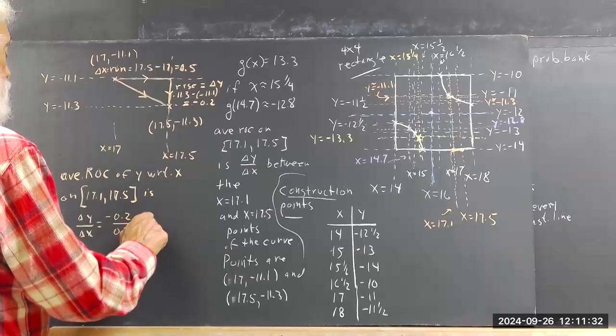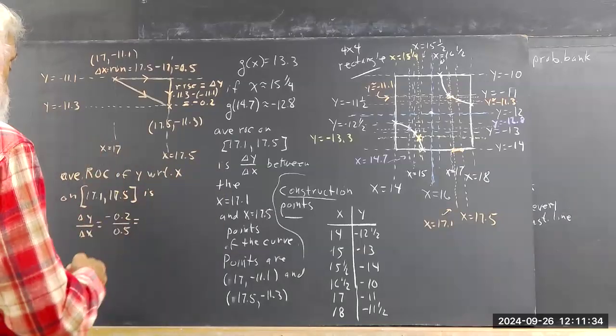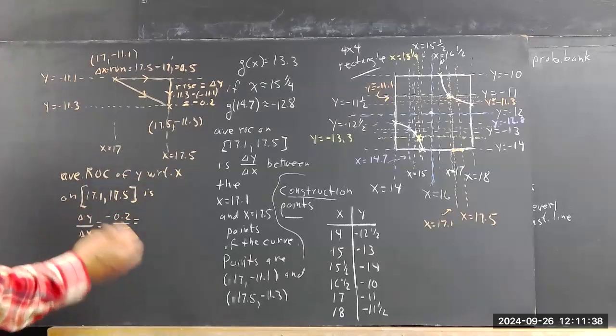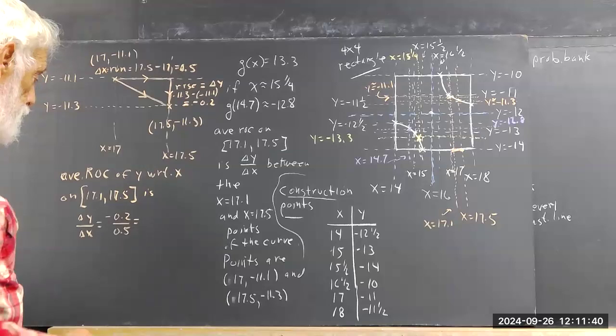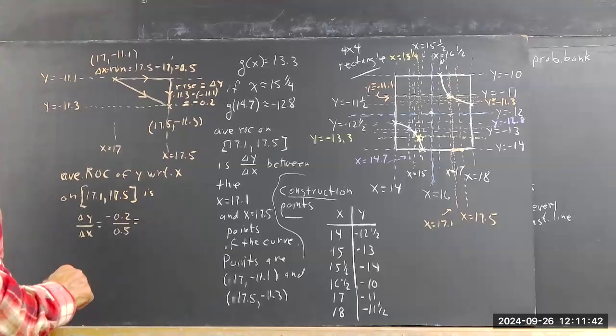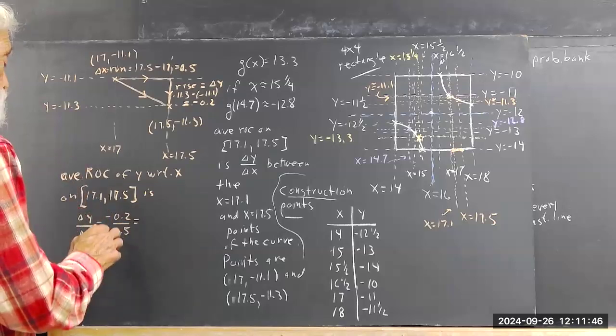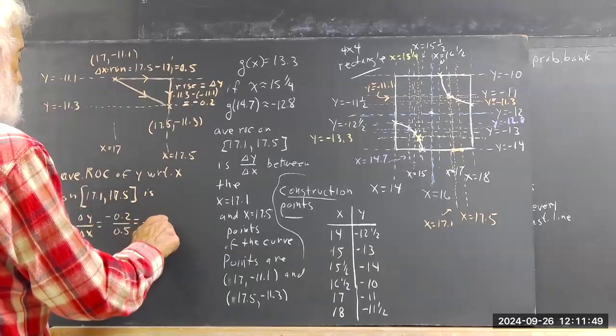You should be able to calculate that in your head. But if your head's been replaced by your fingers on a calculator, you might have to use a calculator or do a long division. You should be able to do it in any of those ways, but it's going to be negative 0.4.